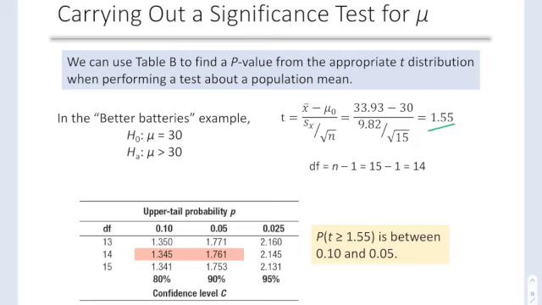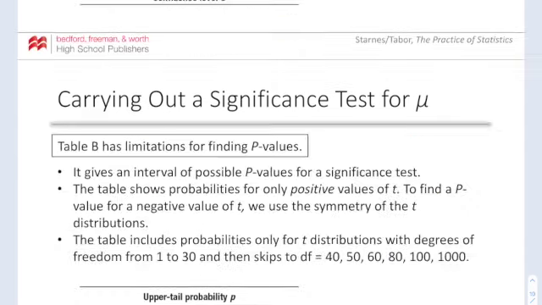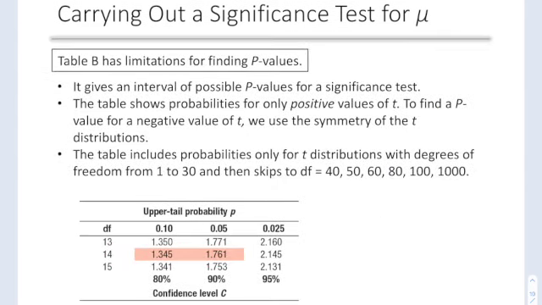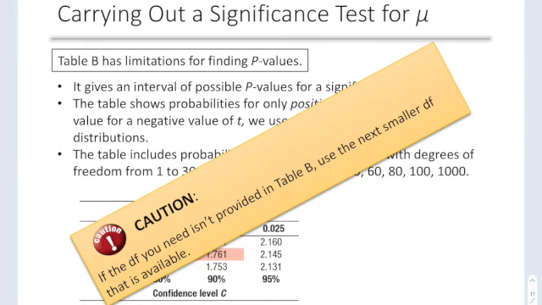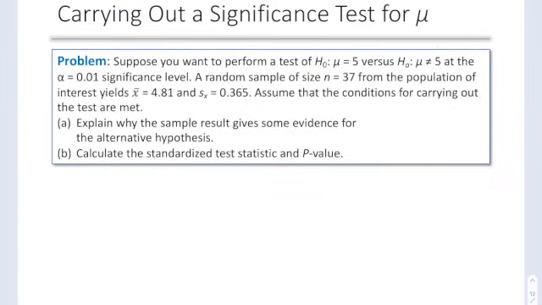So we get a t-value, a test statistic, of 1.55, and the degrees of freedom is 14. So you go down your degrees of freedom column to 14, and going up, our p-value is between 0.05 and 0.10. On your calculator, of course, it's going to give you the exact p-value. If the degrees of freedom you need isn't provided in the table, remember you use the next smaller value that's available.